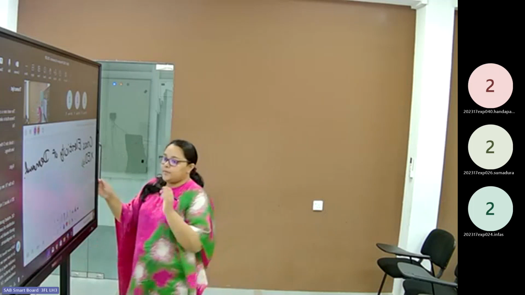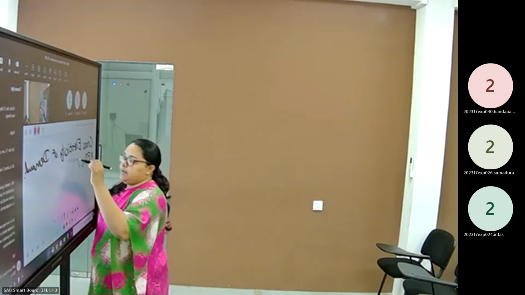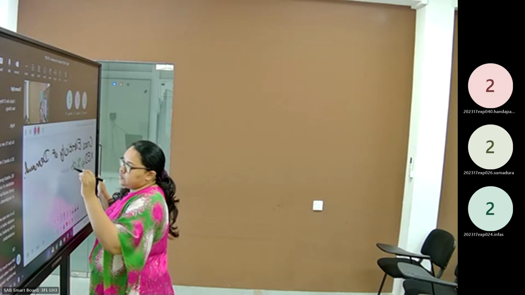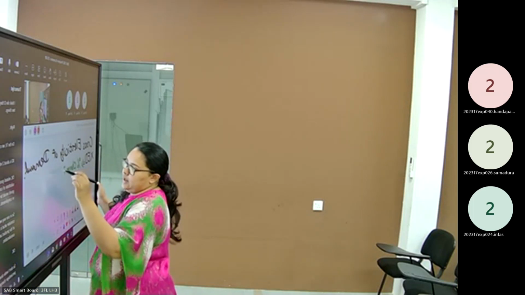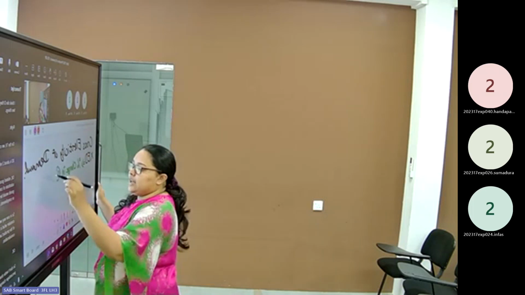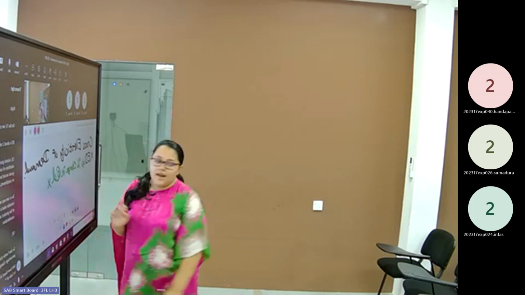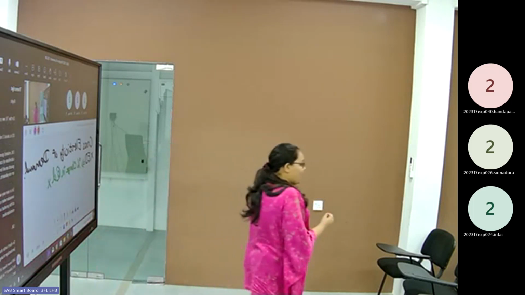So, don't write down yet. Percentage change in QD of X. X is the good that we are considering now.